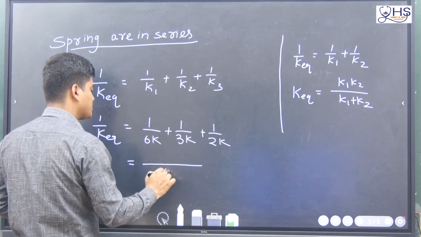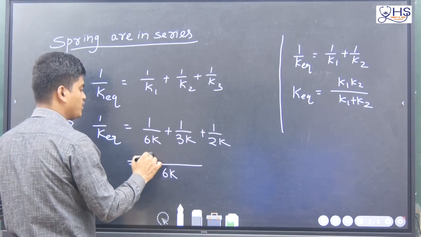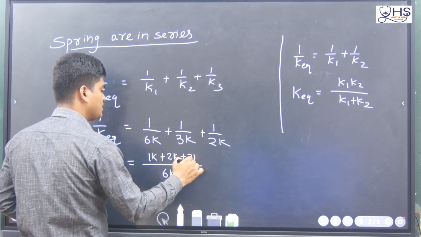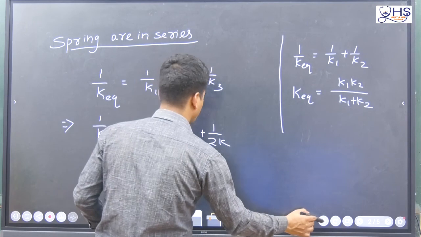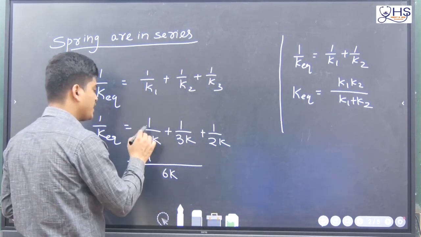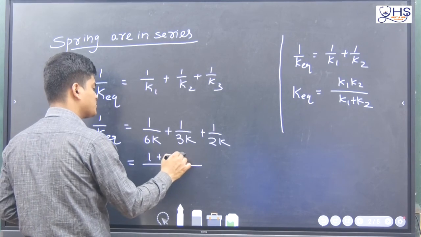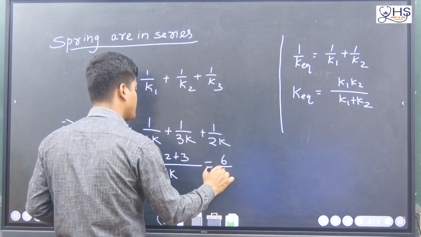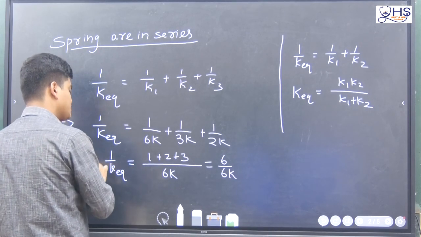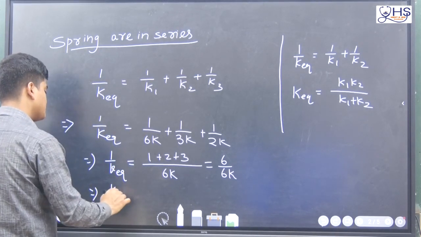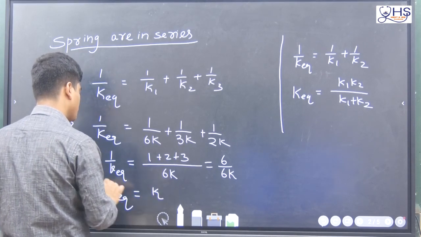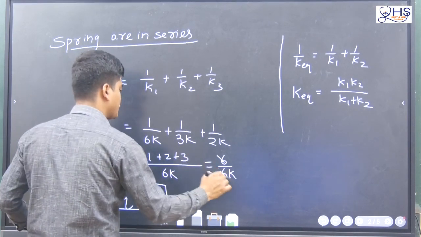Taking the LCM as 6K, it will become 1 plus 2 plus 3, which is basically 6 by 6K. So 1 by K equivalent is 6 by 6K, or K equivalent equals 6 by 6, which cancels. So it is becoming K. Okay, 6 will get cancelled.